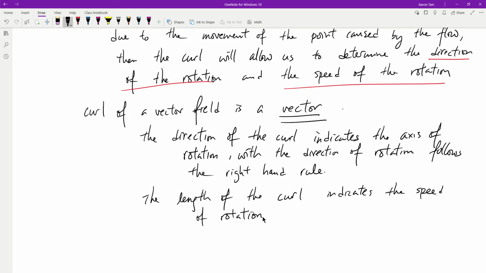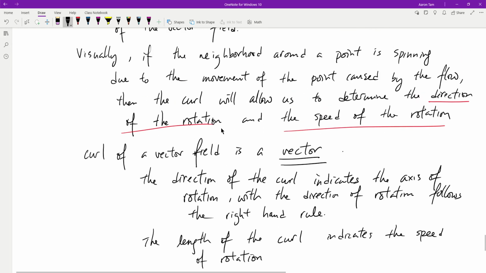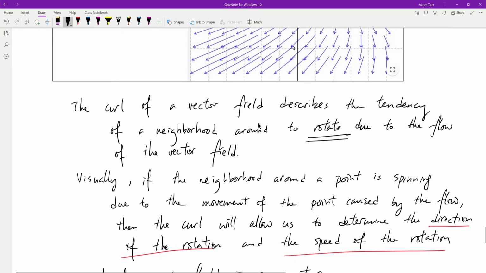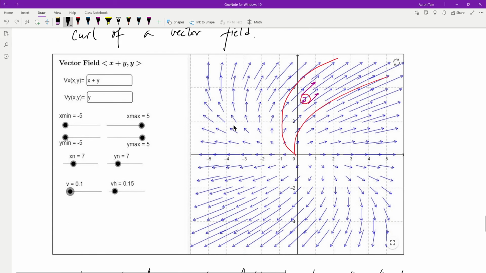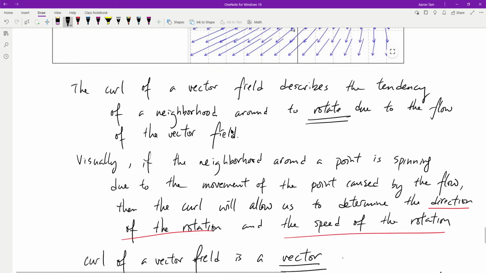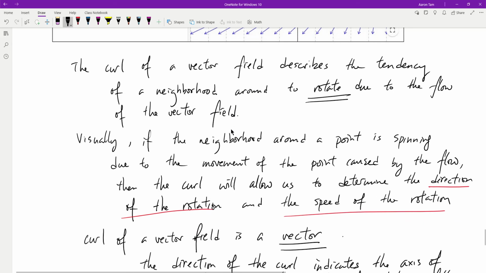Unfortunately, I cannot really show you a picture to illustrate what the curl is, because it will require an animation, and I really don't have the capability of doing that. Lucky for you guys, I did find a video that talks about curl and divergence from the math channel that I mentioned in class, the 3Blue1Brown channel. So I'm going to post the link of the video, and I strongly recommend that you watch it.